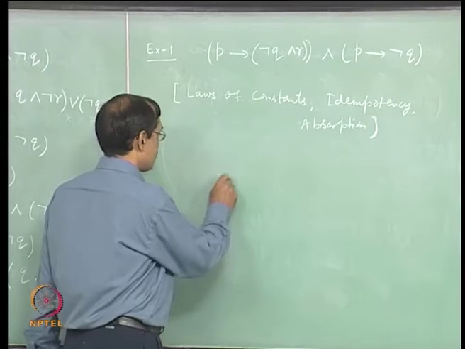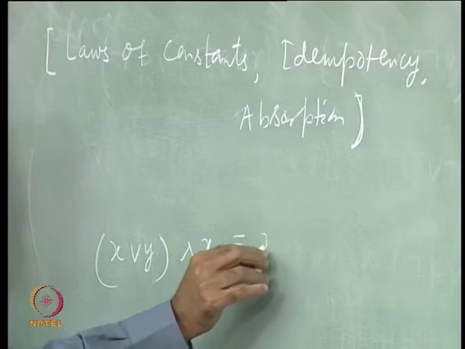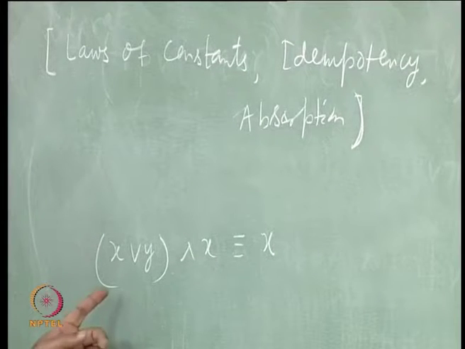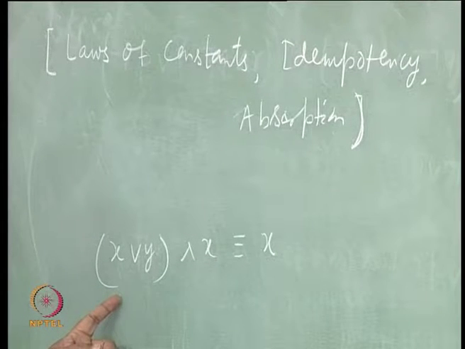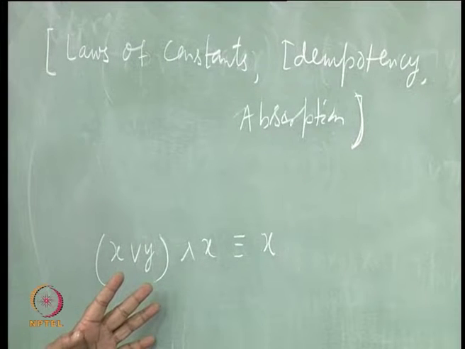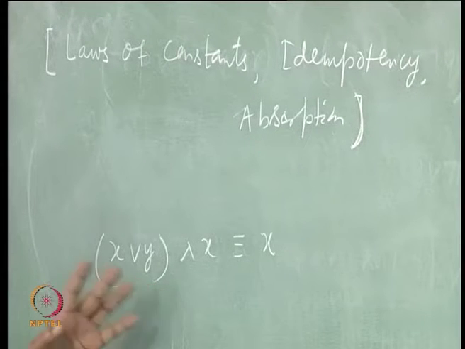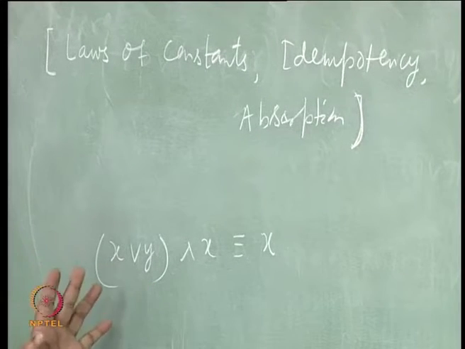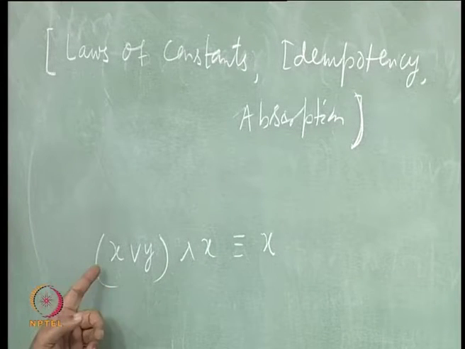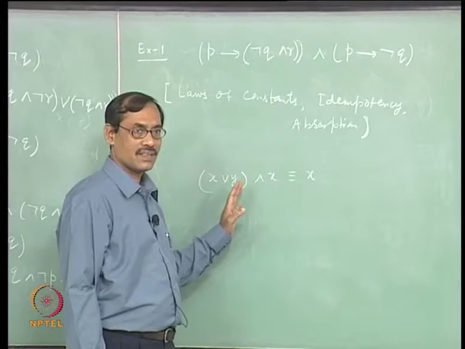So it says x or y and x is equivalent to x or y or x. Well, you think of union and intersection, let us say it is a set A union B and A and is intersection.